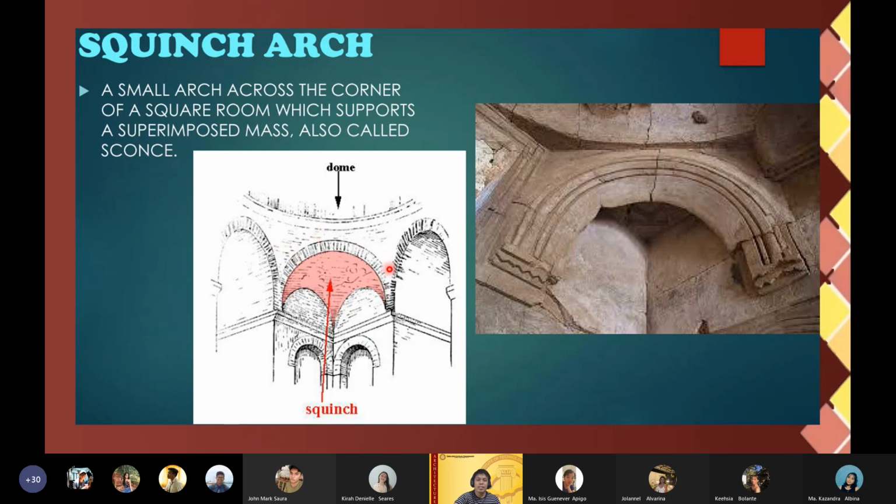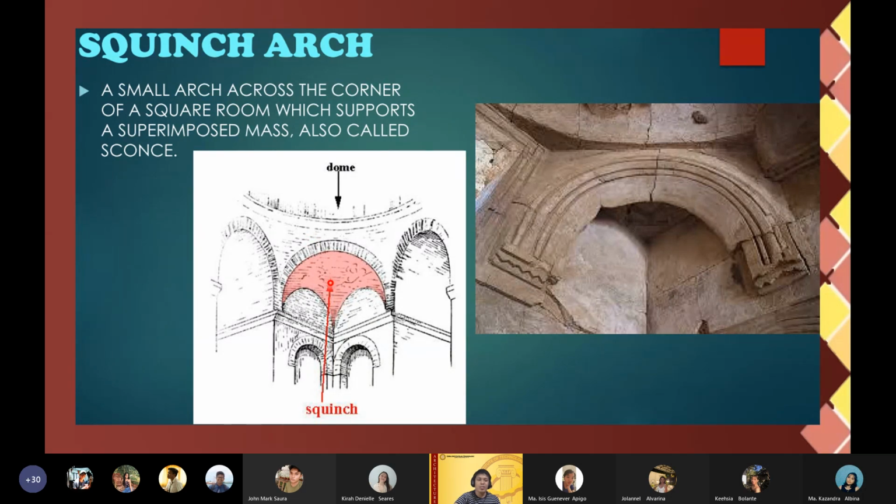This is the pendentives. So this arc right here, after the pendentives, at the corner, because their plan before in Byzantine architecture is squarish or rectangular. So this part right here, which supports this arc, this one is what you call the squinch.